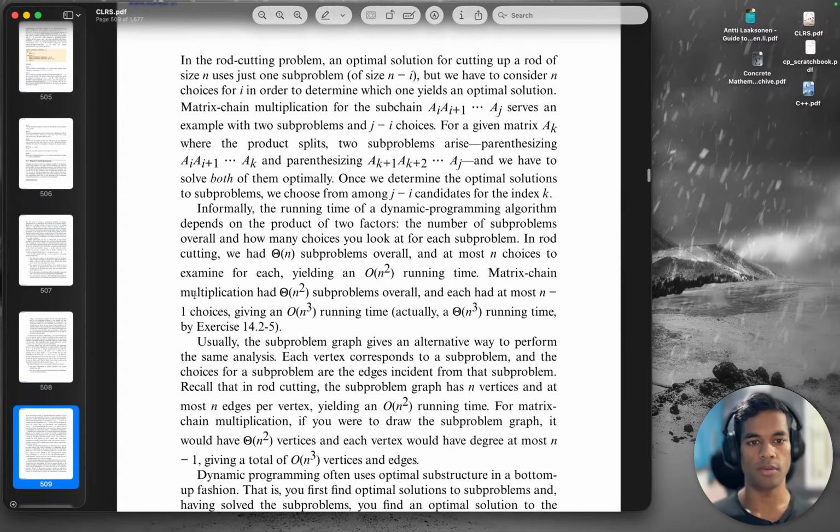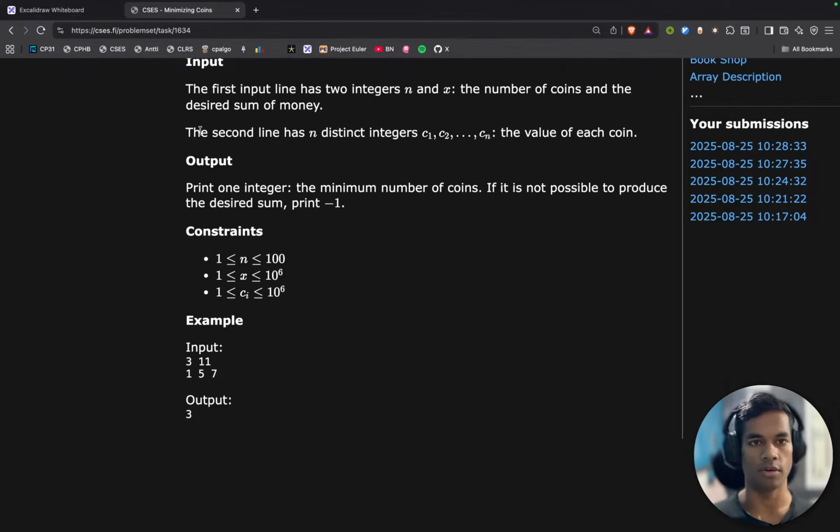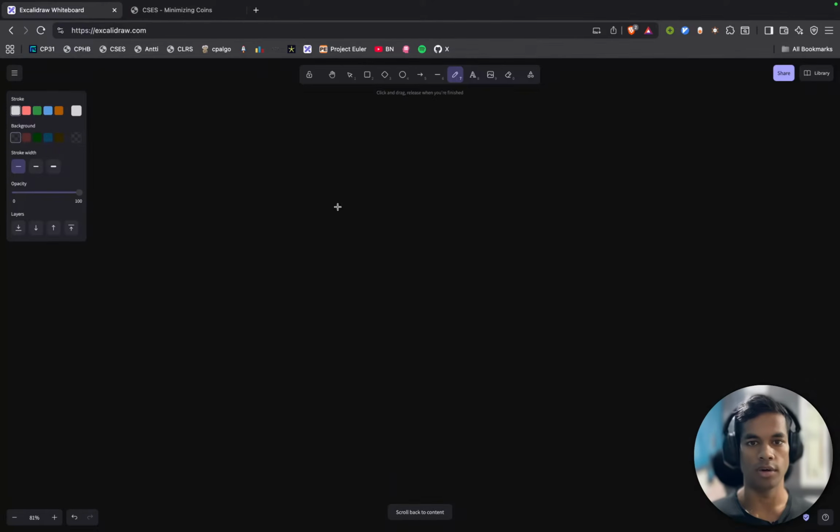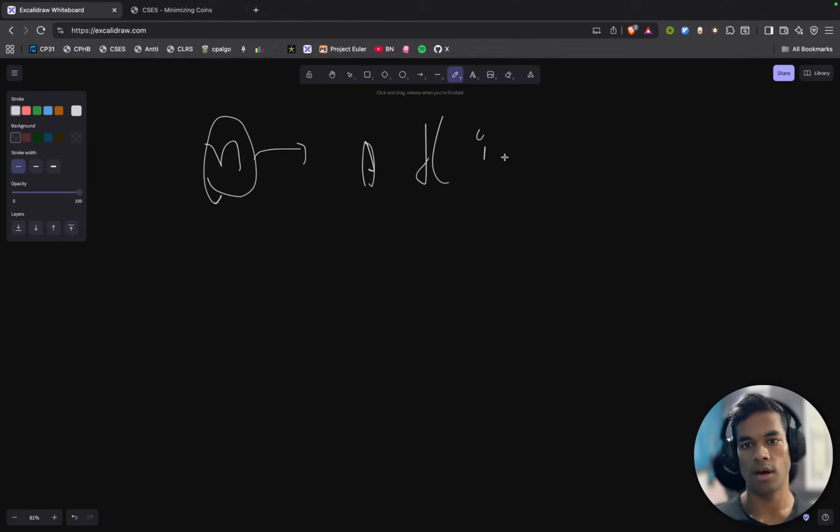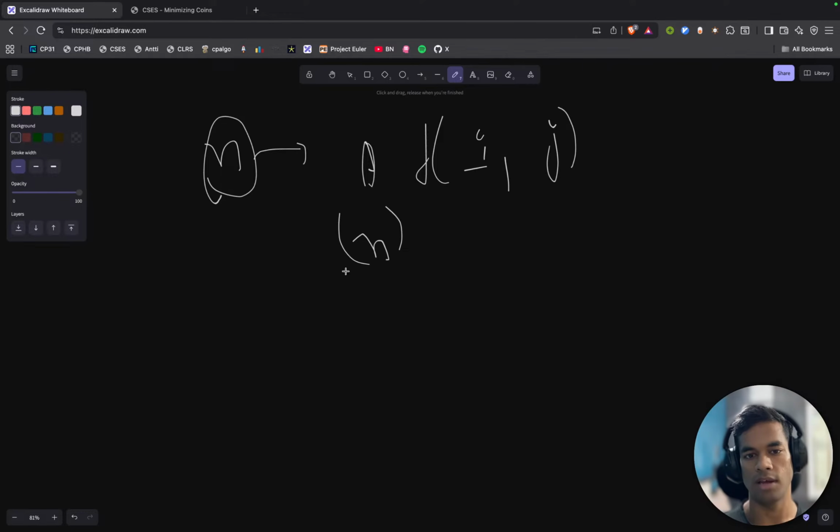Matrix chain multiplication. Okay, let's not look at this. Let's calculate it ourselves. When we have n matrices, the total number of subproblems: a subproblem f(i, j) depends on two things, i and j. i can at max iterate from 1 till n, and j can also go from i till n.